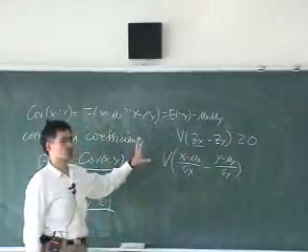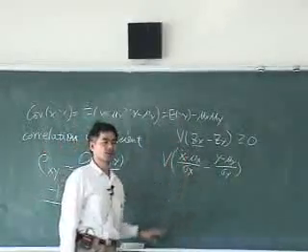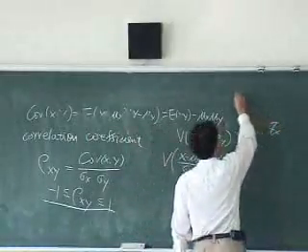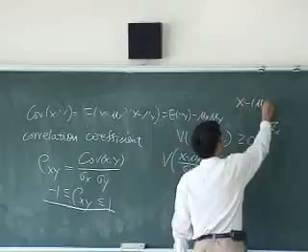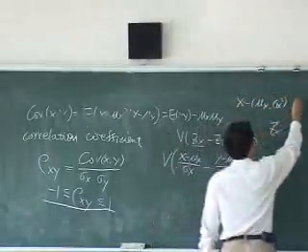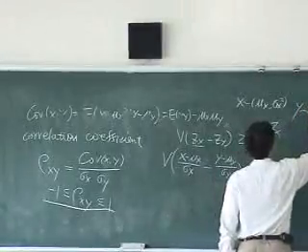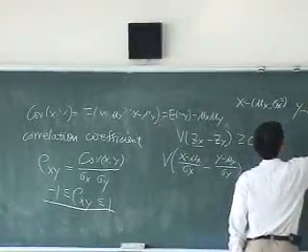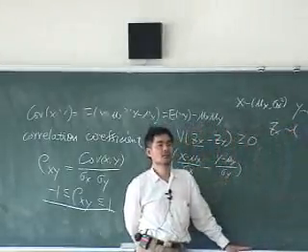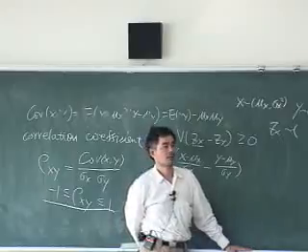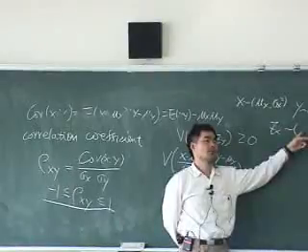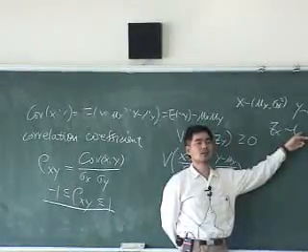But we don't have to do this, it is very tedious. As a matter of fact, we all know, suppose x has mean mu x and variance sigma x squared, and y has mean mu y and variance sigma y squared. What is the mean of zx? After standardization, what do we get?